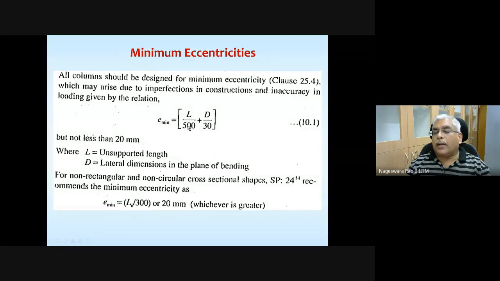Unsupported length divided by 500 plus least lateral dimension in the plane of bending divided by 30. That is the minimum eccentricity to which we need to design, but not less than 20 mm. Please make a note of this. And this is for rectangular columns. For non-rectangular, non-circular cross sections, SP24 recommends the minimum eccentricity as L effective length divided by 300 or 20 mm, whichever is greater. Please make a note of this.